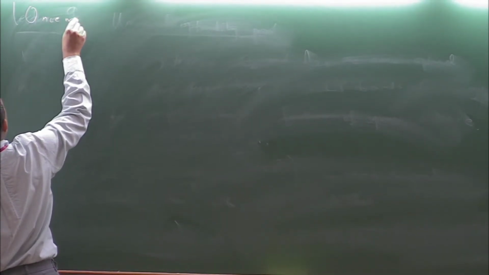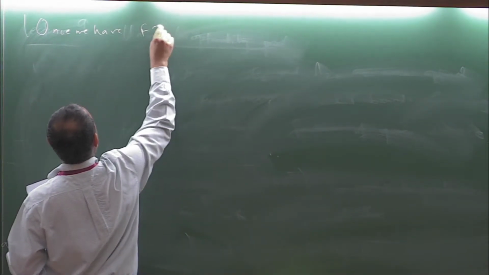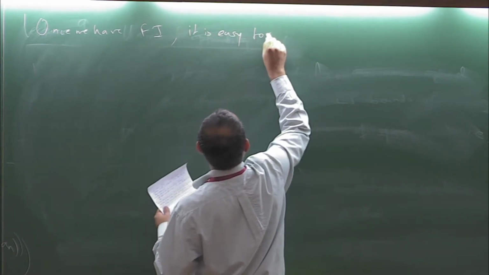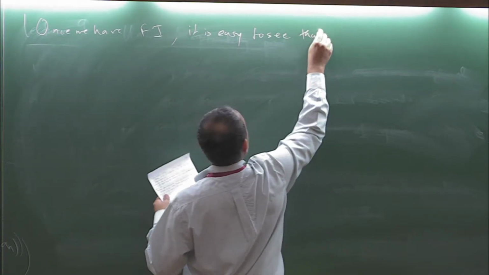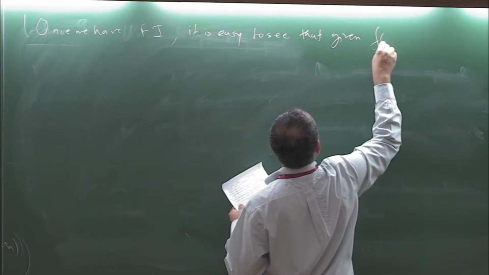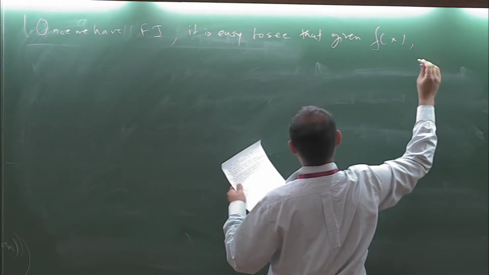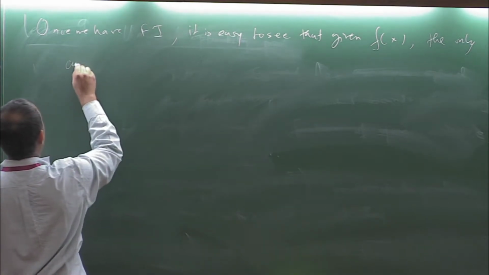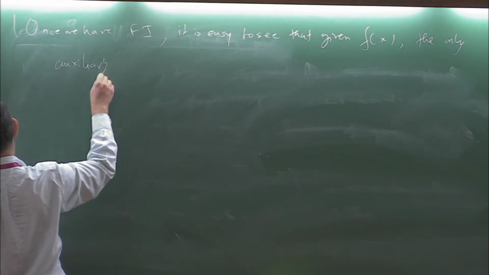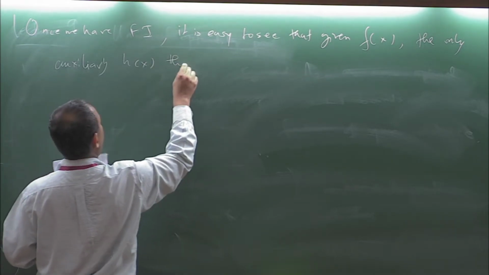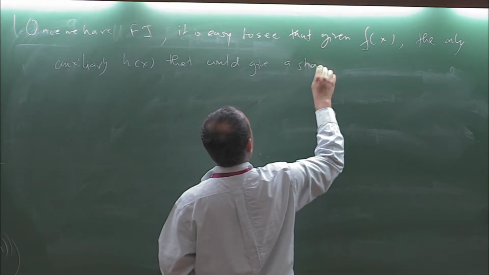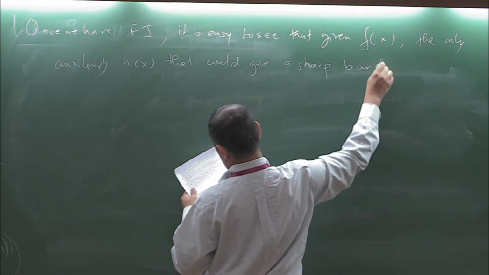Okay, so once we have Fourier interpolation, it is easy to see that if you're given your function, the auxiliary function, there's only one thing that it could be. The only auxiliary h of x that could give a sharp bound is the following thing.